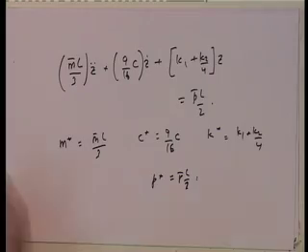This is the beauty of the principle of virtual displacement. The beauty of the principle of virtual displacement is when you use theta as the degree of freedom, the m star that you get is a mass moment of inertia, k star is a rotational spring constant and p star is a moment.